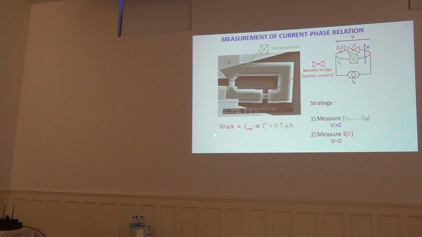The critical current of this atomic contact is 30 nanoamperes, and this is very small compared to the 0.7 microamperes of this junction. At large voltage, we can measure the transmission as before. At zero voltage in this junction, we can measure the current phase relation.